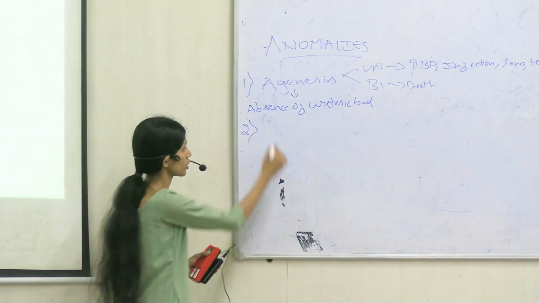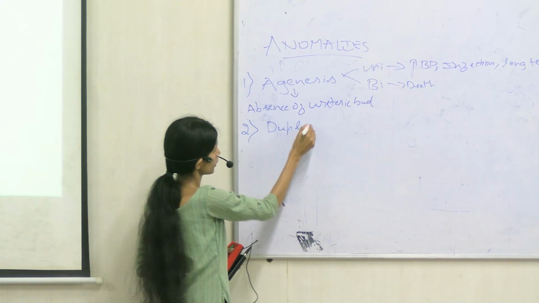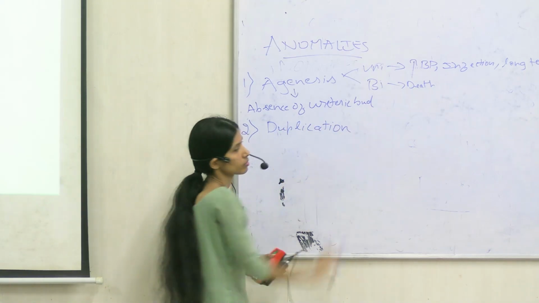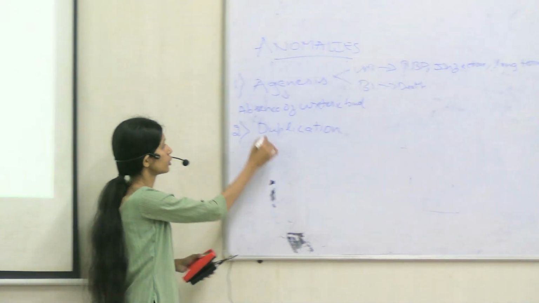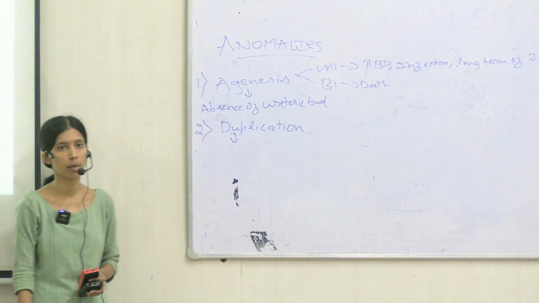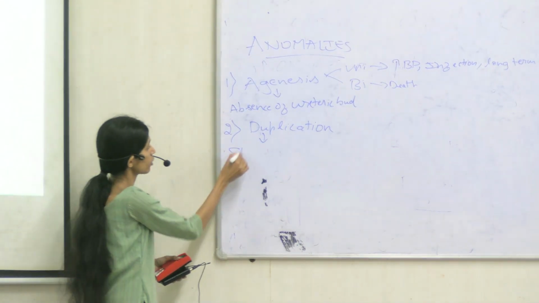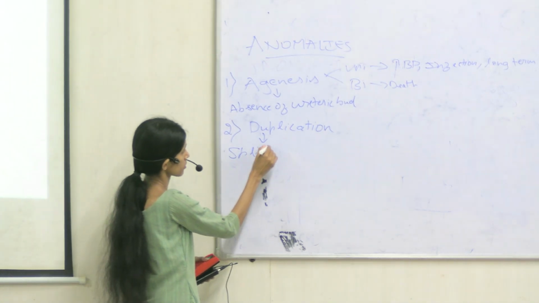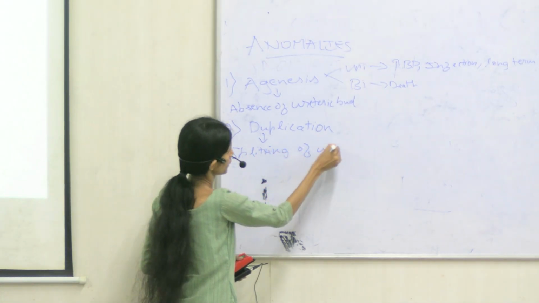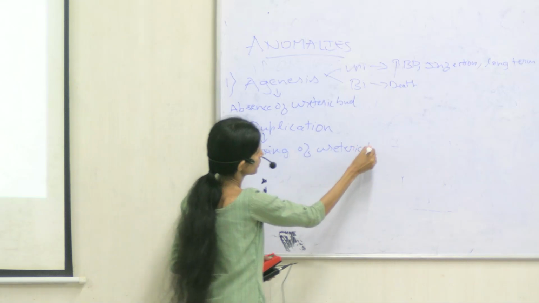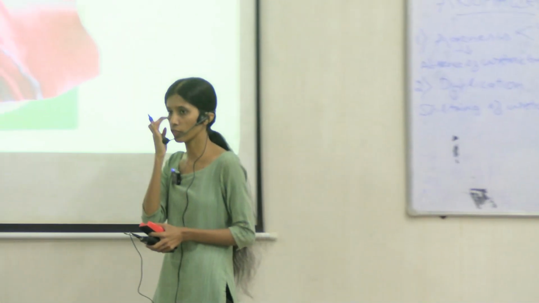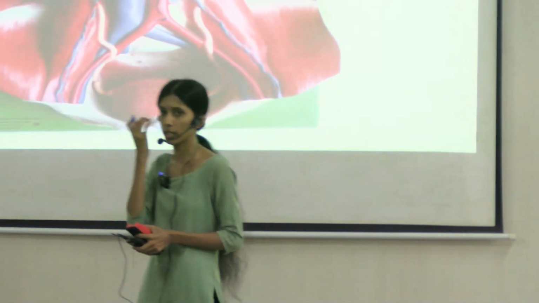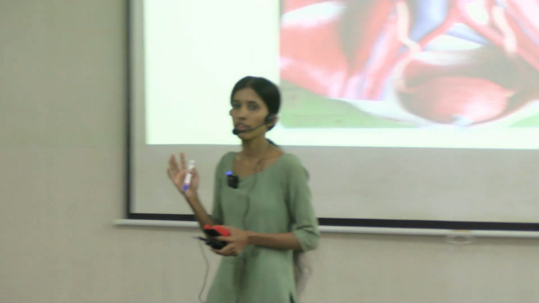The second condition is duplication of kidney. The duplication of kidney condition happens when there is splitting of the ureteric bud. Instead of the development of a single ureteric bud on each side, we can see the development of two ureteric buds.